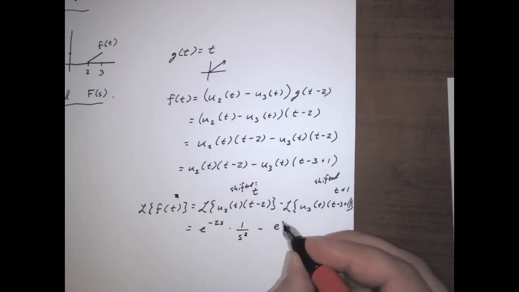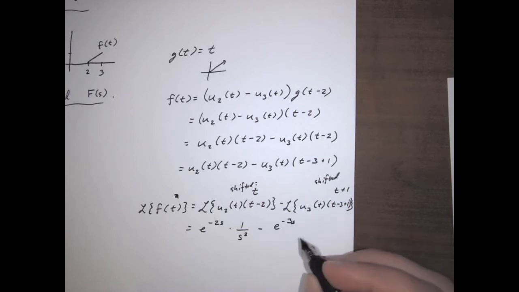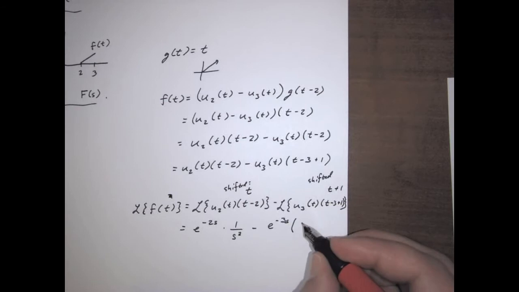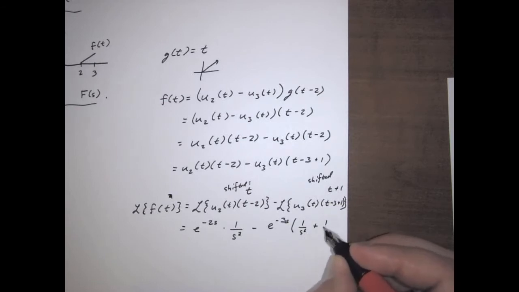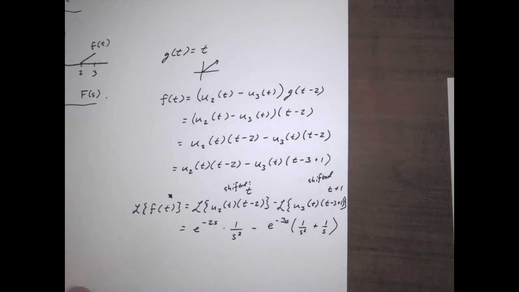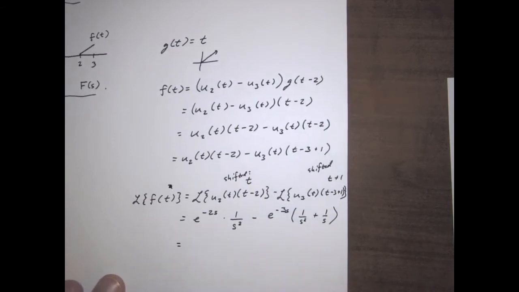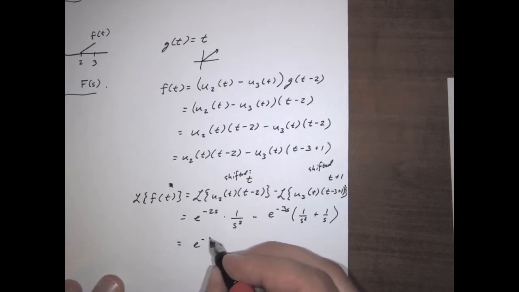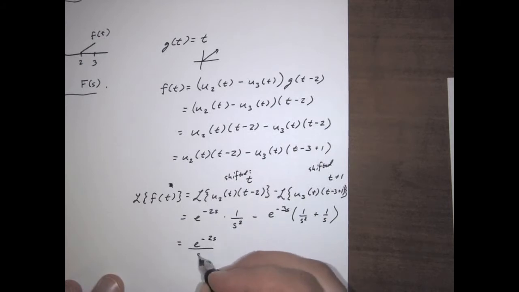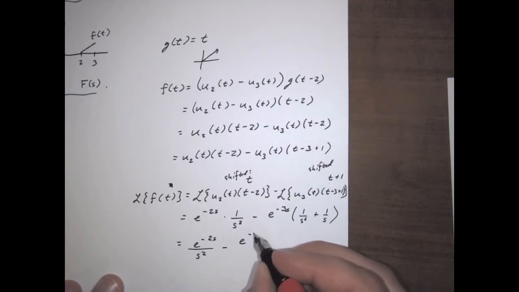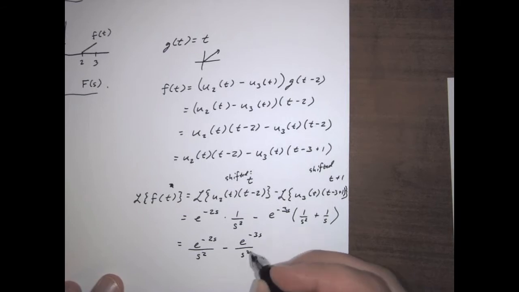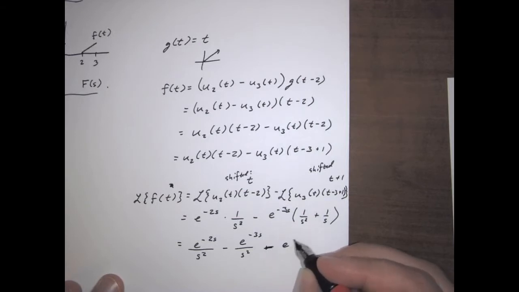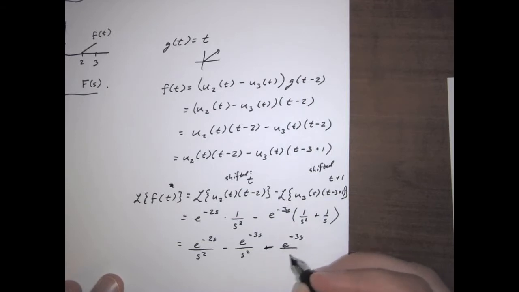Minus here, we're going to have e to the minus 3s times the Laplace transform of t plus 1, which is going to be 1 over s squared plus 1 over s, which is going to then just equal e to the minus 2s over s squared minus e to the minus 3s over s squared minus e to the minus 3s over just s.